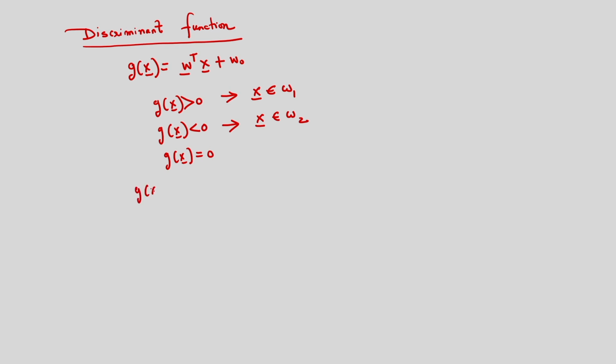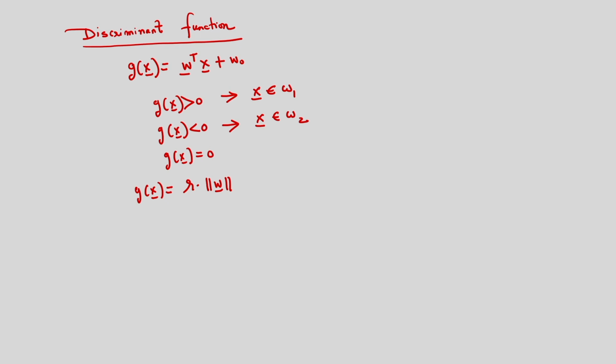So we have derived like this: Gx is equal to r times the norm of W. So this is the interpretation. That means it is the distance of the point x from the hyperplane and it is scaled by the norm of the weight vector. That is the interpretation of the discriminant function.